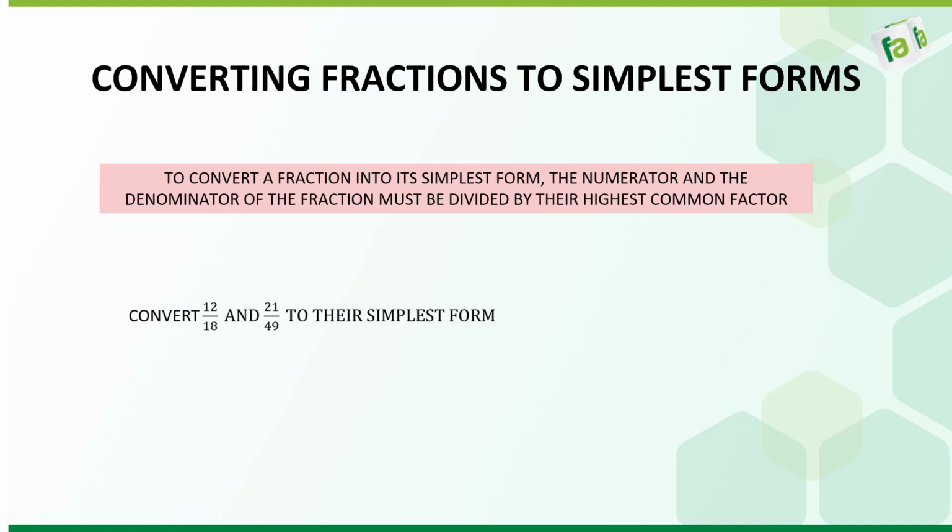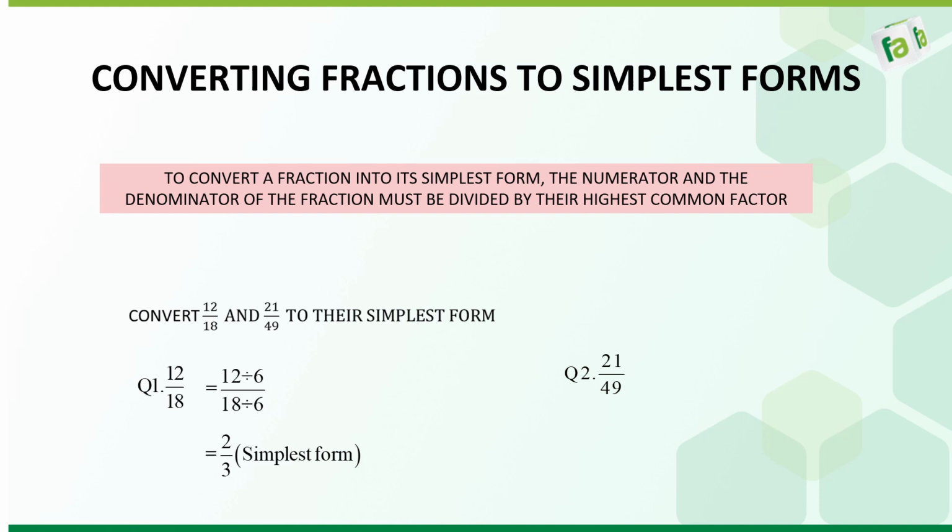In the fraction 12 by 18, 6 is the highest common factor of the numerator and the denominator. So, we have to divide 12 and 18 by 6, which gives us the simplest form 2 by 3.